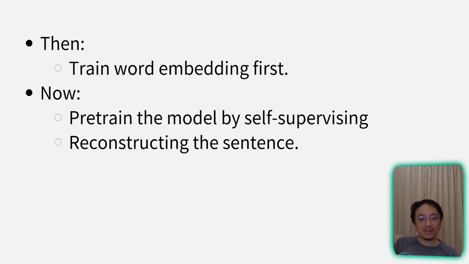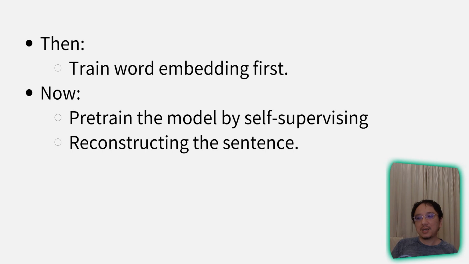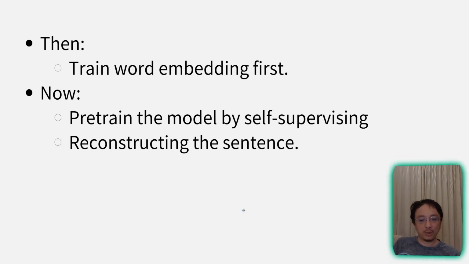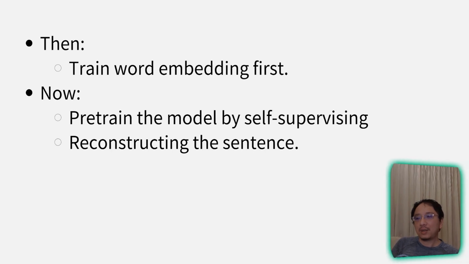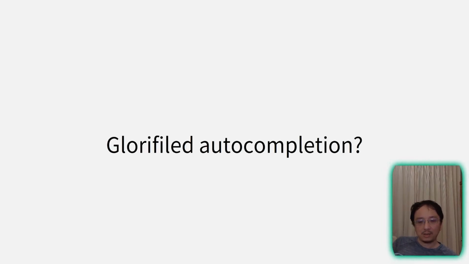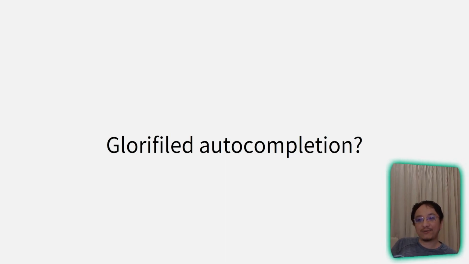The self-supervised task for text is mostly some sort of sentence reconstruction, kind of like what we did using auto-regression. Auto-regression, or more specifically auto-completion, can be considered one of these types of tasks. As we talked about before, it's just a kind of glorified auto-completion.